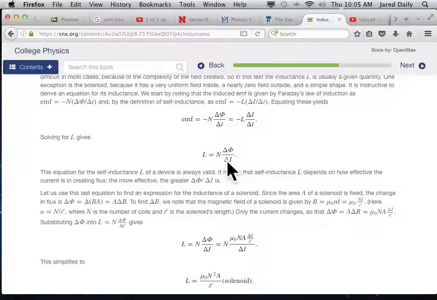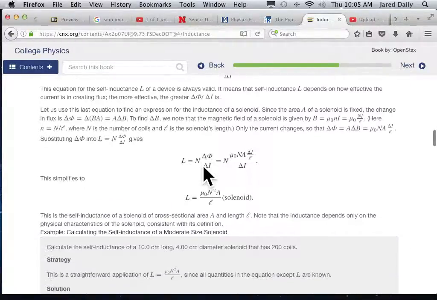So they've actually given us a way to calculate the self-inductance of a coil. If you really get down to it for other things like solenoids, you can be very specific. It has to do with the number of coils per unit length, the cross-sectional area of the solenoid, and the length of the solenoid.